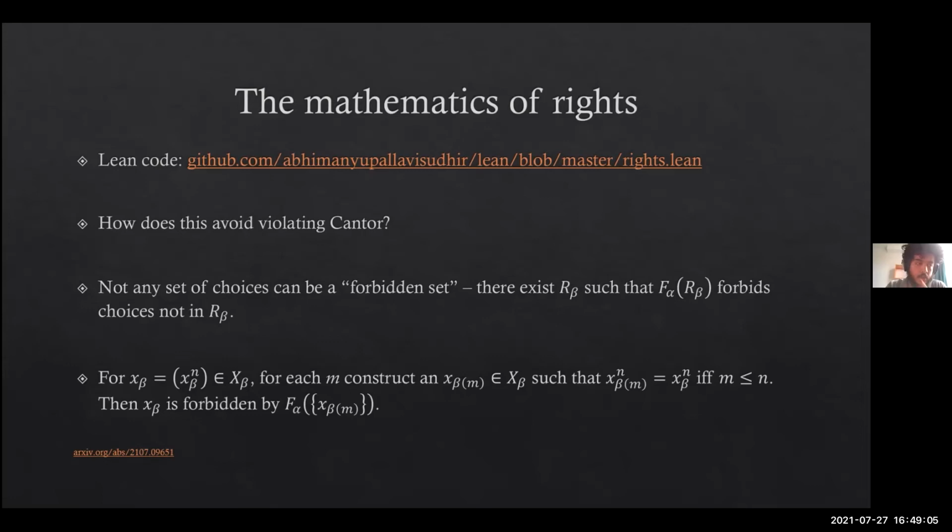So basically, you have a bunch of choices that are successively closer and closer to a particular choice, which isn't contained in that set of choices itself, but it's provable that this limiting choice must also be forbidden by any choice of mine that forbids that set of choices. I'm sorry if that's confusing. If that's confusing, you just need to read the math itself.